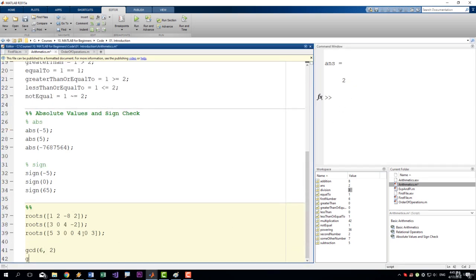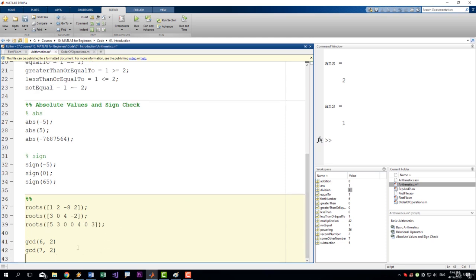Let's try another example. So GCD, let's say 7 and 2. In this case, our greatest common divisor is 1. You can also test a set of numbers against one single number. So if we have the numbers 2, 4, 6, and 15, and we want to find the greatest common divisor between each of the numbers from our set and 2, we do it like this.